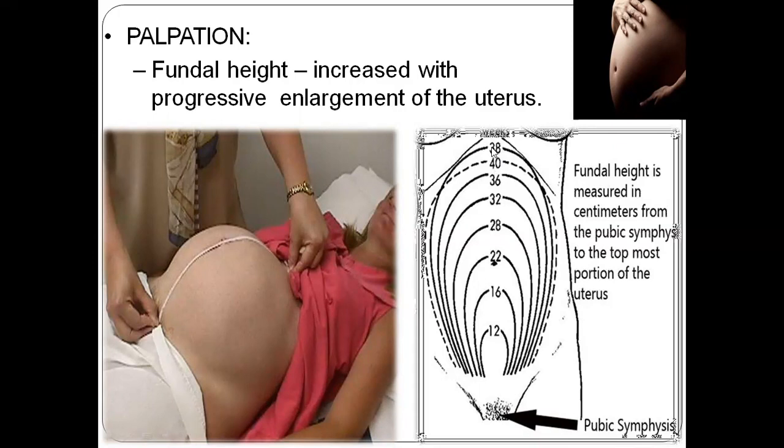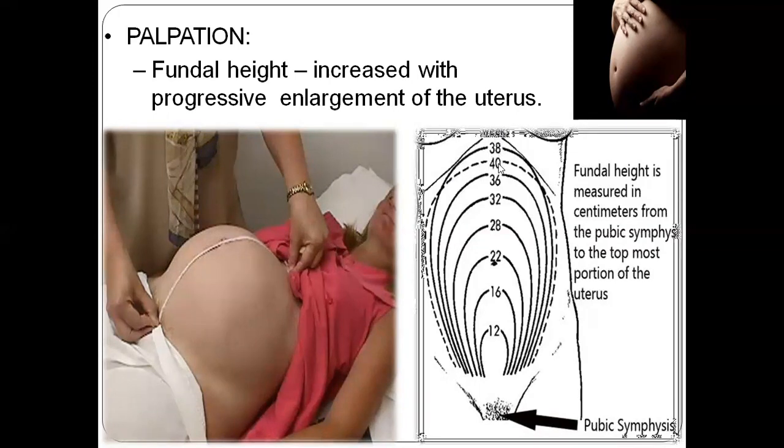By 38 weeks it will reach up to the level of the xiphisternum, and just above that there is the diaphragm. You can see the diaphragm. Because of this, the mother may feel respiratory discomfort because the uterus has reached up to this level. So the mother may be feeling respiratory discomfort at the 38th week. But you can see this dotted line.